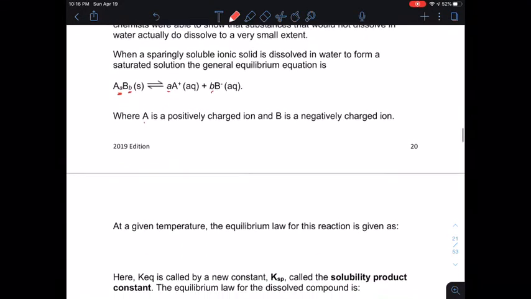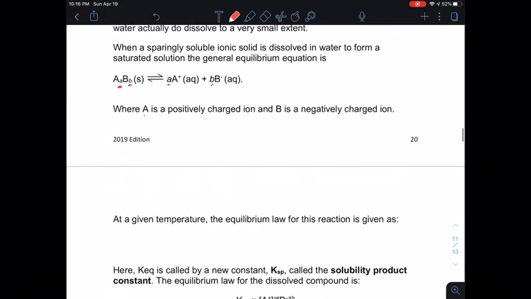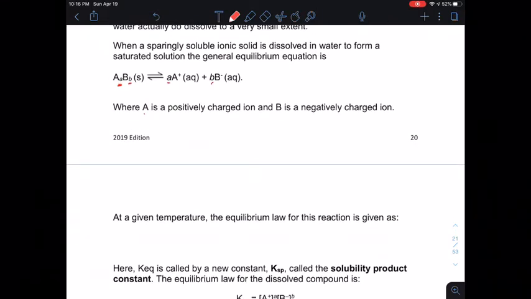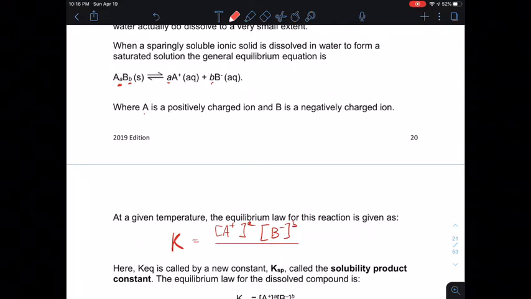And so if this is an equilibrium, then for any given temperature, the equilibrium law will be K equals the concentration of that A ion raised to the power of a times the concentration of that B ion raised to the power of b, divided by the concentration of AaBb, except that this is a solid, right?